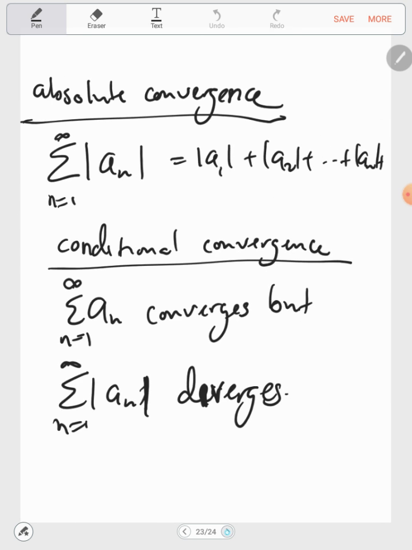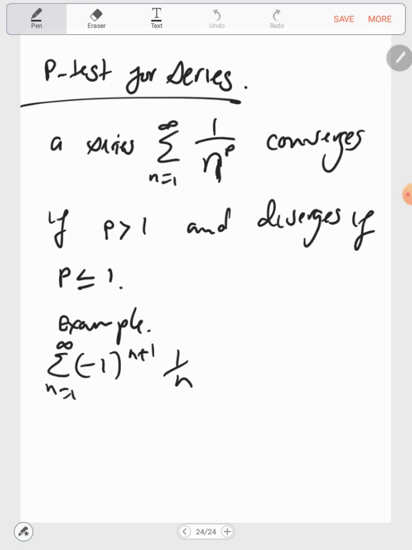Okay, so this was convergent, but now let's check its absolute value, because if we use the absolute value, then we're going to get rid of this part and we're just going to remain with 1 over n, which we can now use the p-test on.